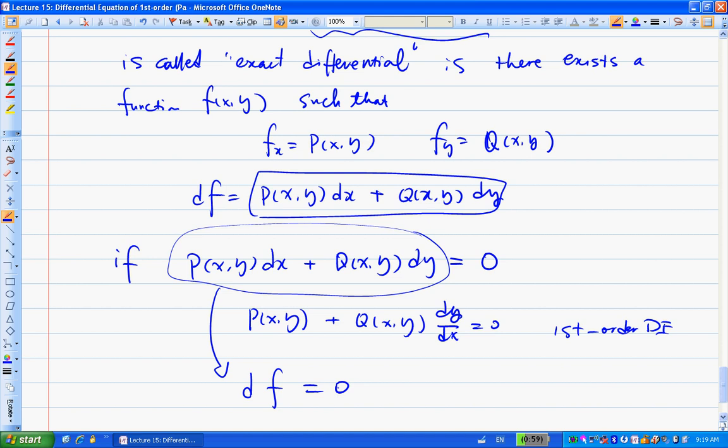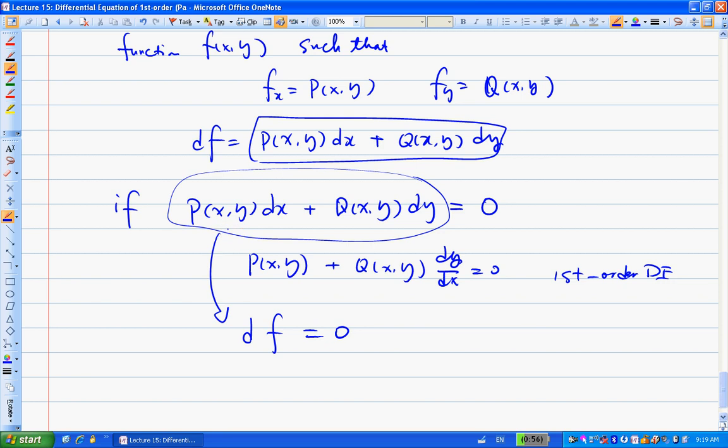Does that make sense? So this whole chunk is related to a function f, and it's the total differential of the function f. That's why I can write this one into this. Now, what is the solution of this one?